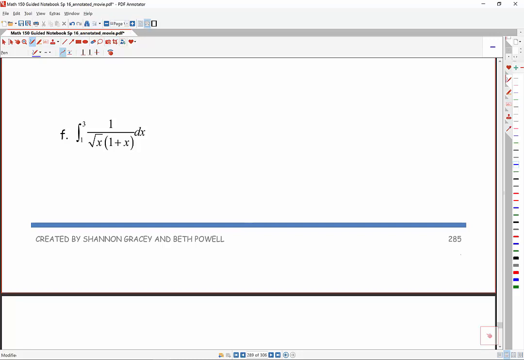Well, if we thought about it as the integral from 1 to 3 of 1 over root x times 1 squared plus root x squared dx, is that equivalent to what we started with? Yep, as soon as I do that parenthesis there.